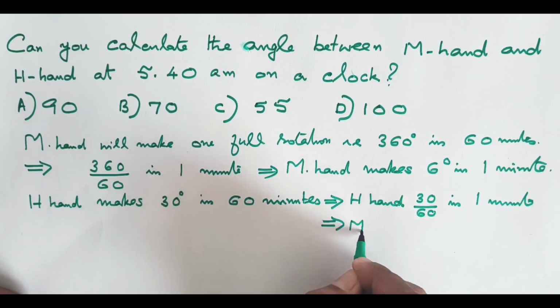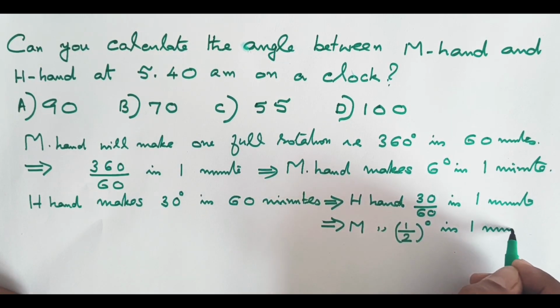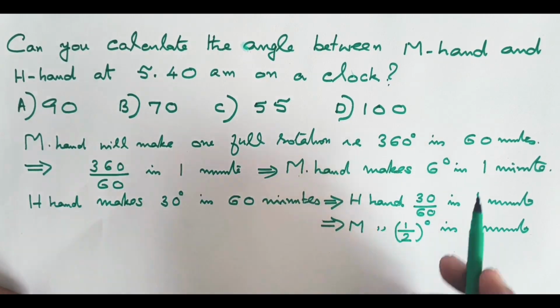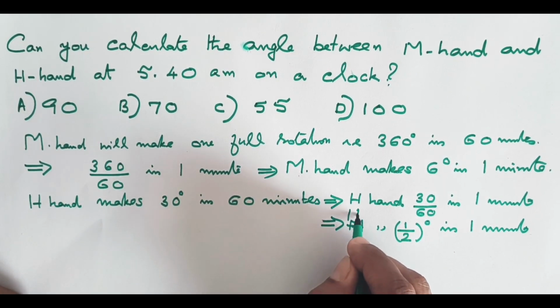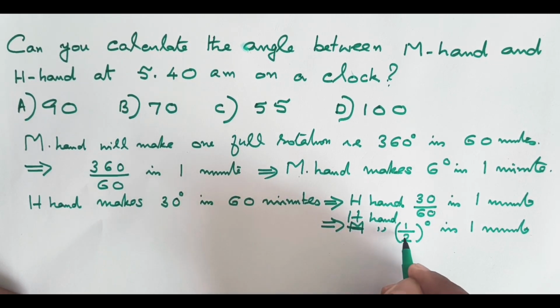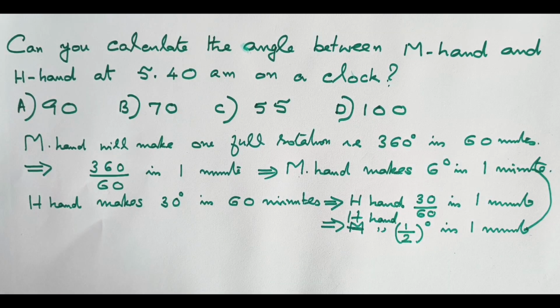This means our hand makes 1 by 2 degree in 1 minute. So these 2 points, minute hand makes 6 degree in 1 minute and hour hand makes 1 by 2 degree in 1 minute. These 2 points we'll be using while calculating the angle as required in the problem.